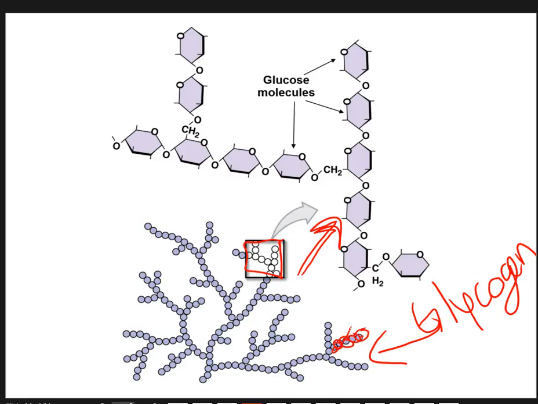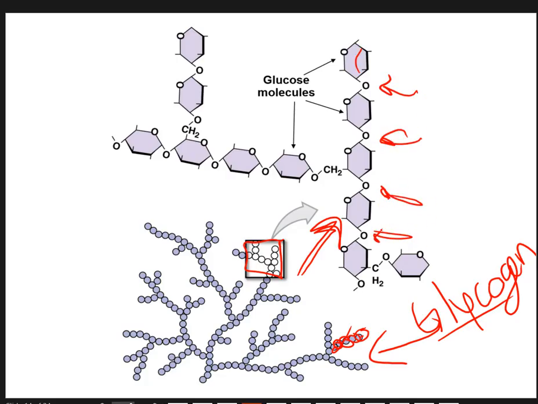So we link together a ton of glucose to make one single glycogen. And every time we link another glucose on, it's another dehydration synthesis reaction, right? So there was a dehydration synthesis here to link on this one, and here, and here, and here.